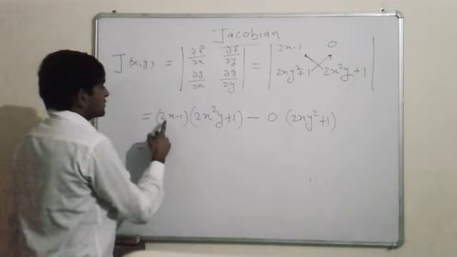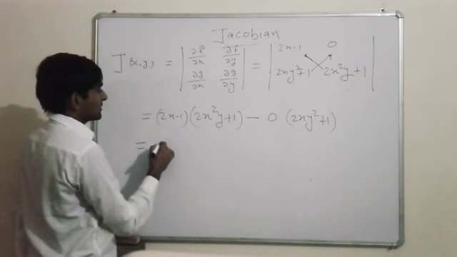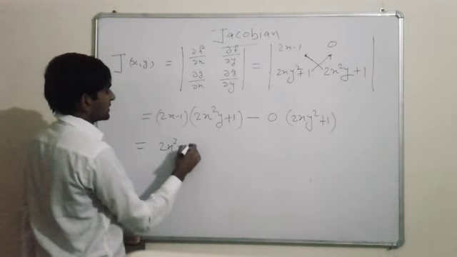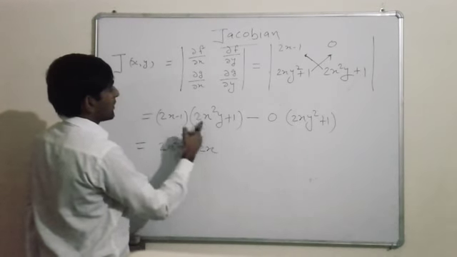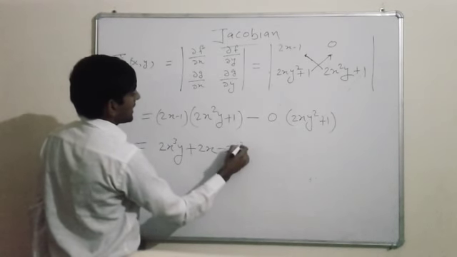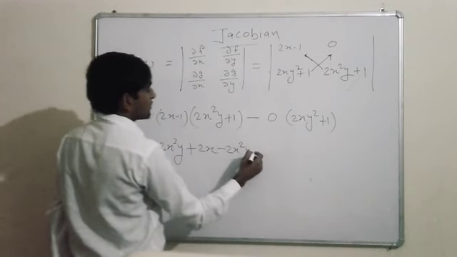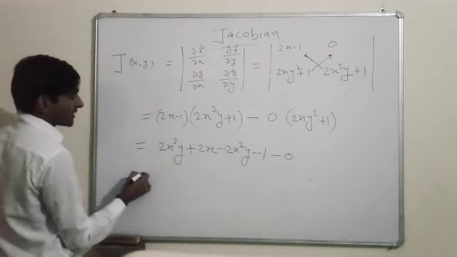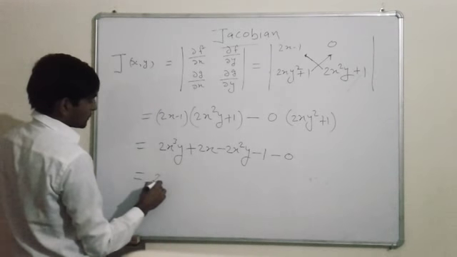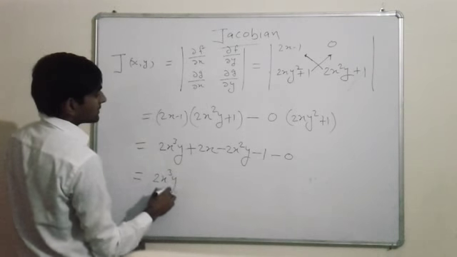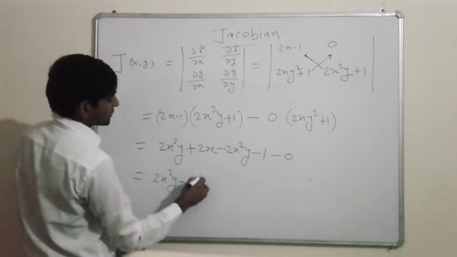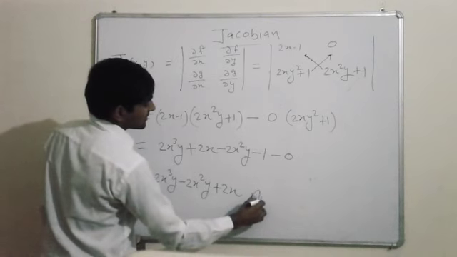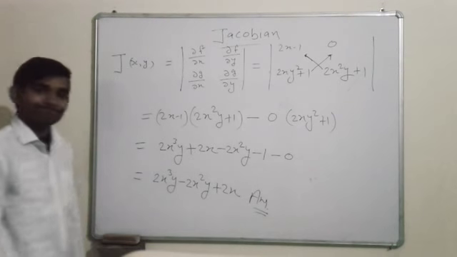We get 2x cube y, 2x multiplied by 1 is 2x, minus 2x square y and minus 1. The remaining terms become 0. So the final answer is 2x cube y minus 2x square y plus 2x. This is our answer. Done.